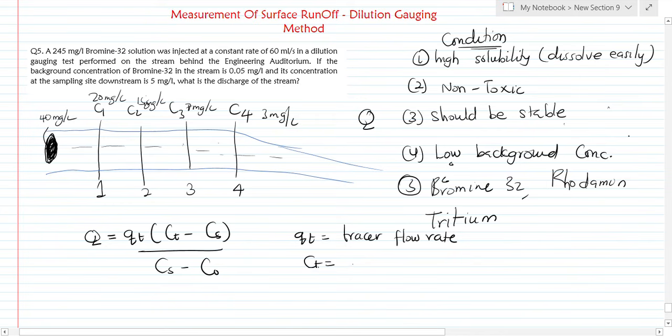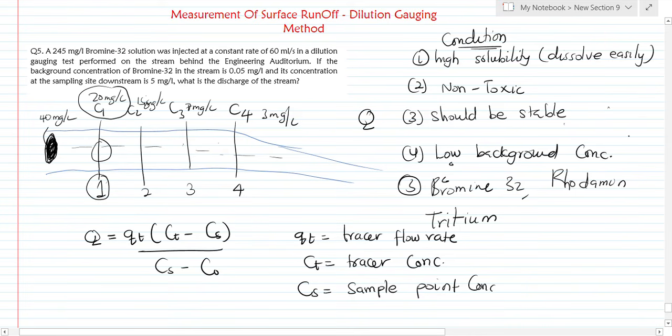Ct is my tracer concentration. Cs is my sample point concentration, that is, the concentration of the tracer at the various points where I took the water samples. C naught is my background concentration. Need to take note.